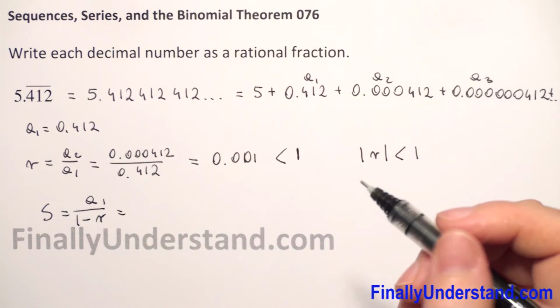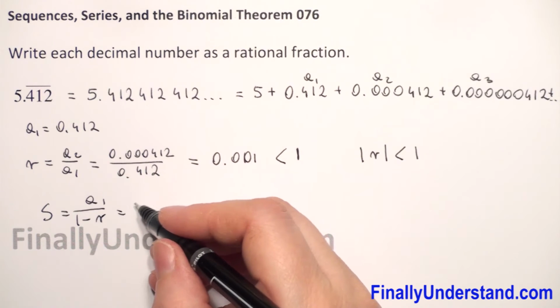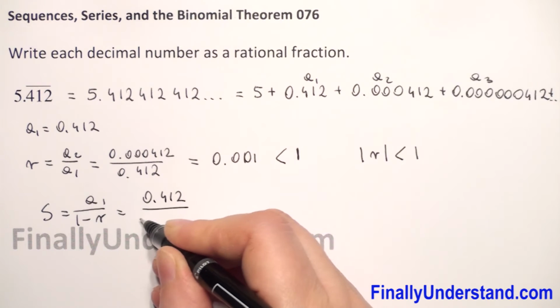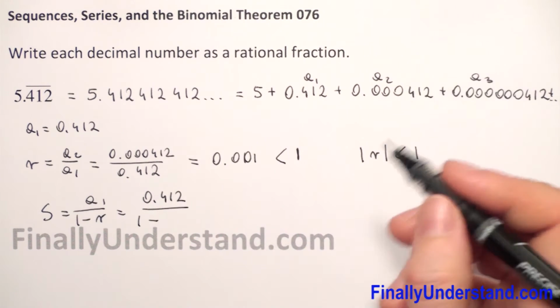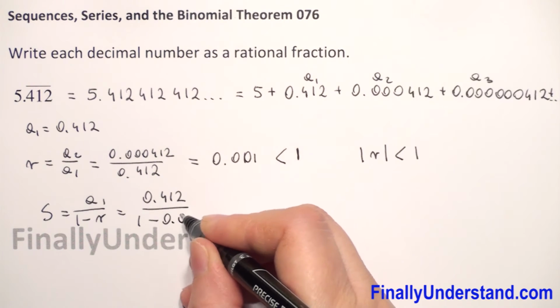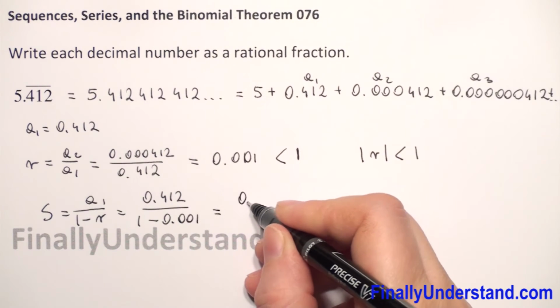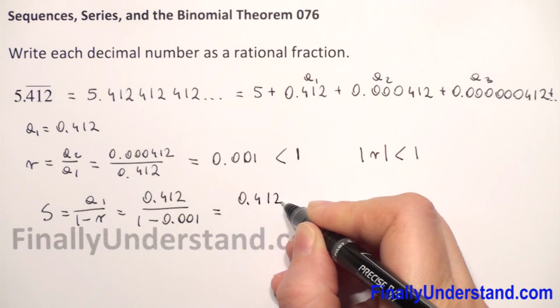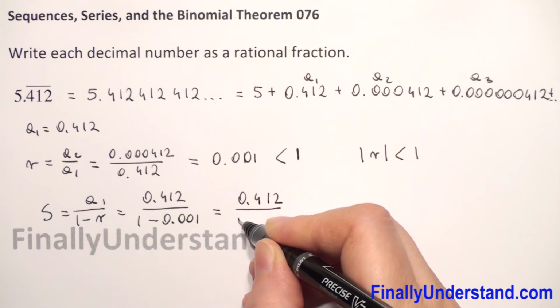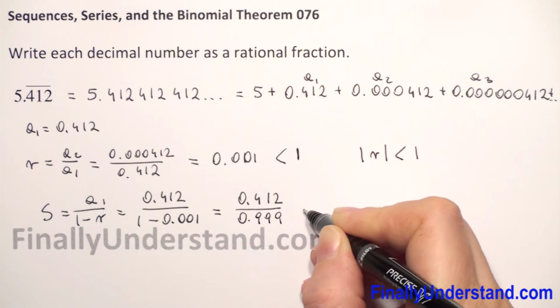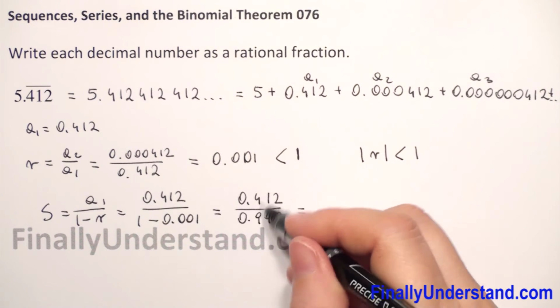So the first term a1 is 0.412, over 1 minus r, which is 0.001. So this is equal to 0.412 divided by 0.999.